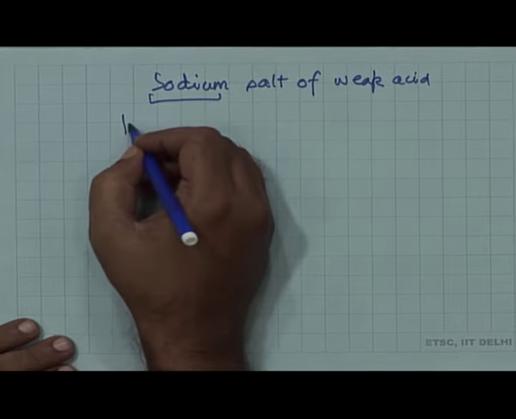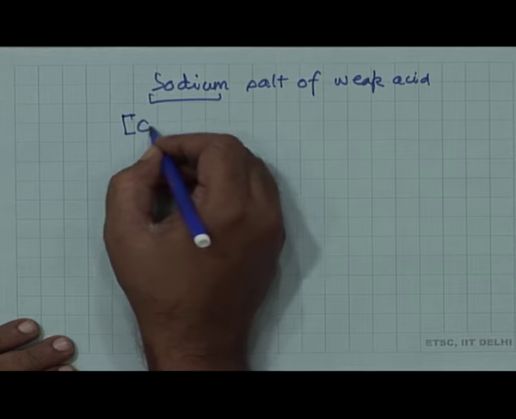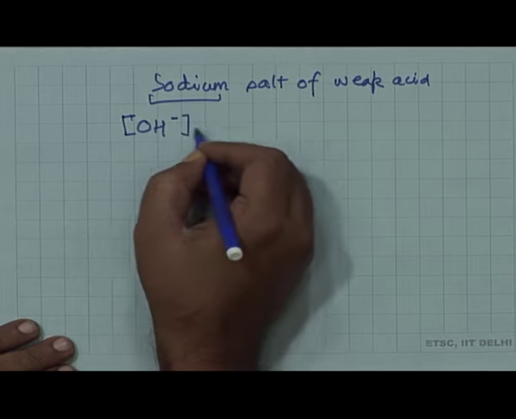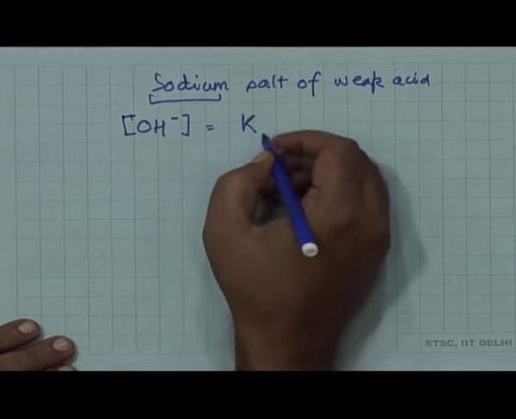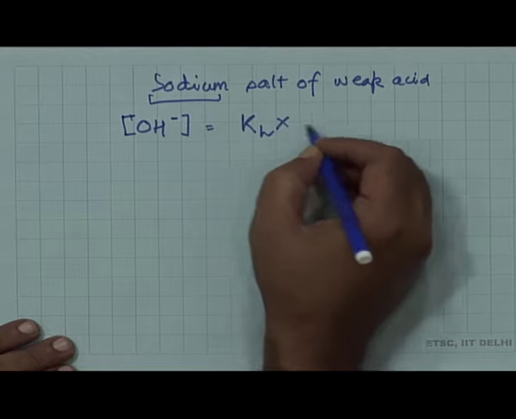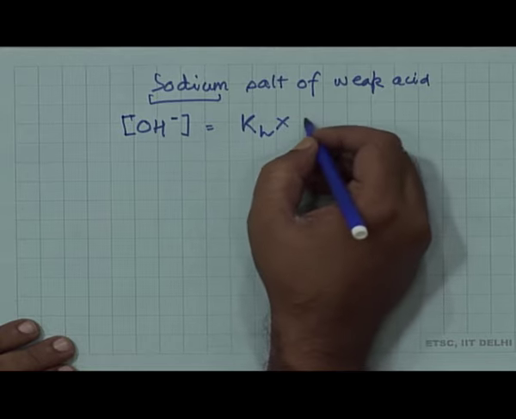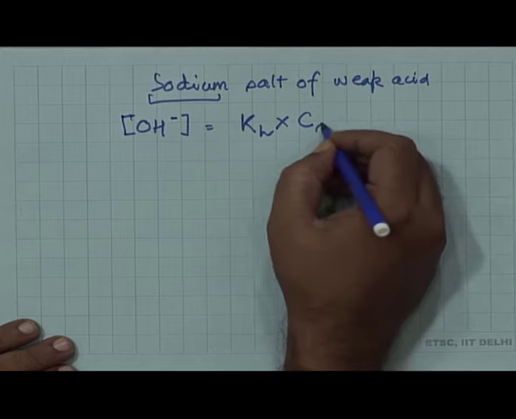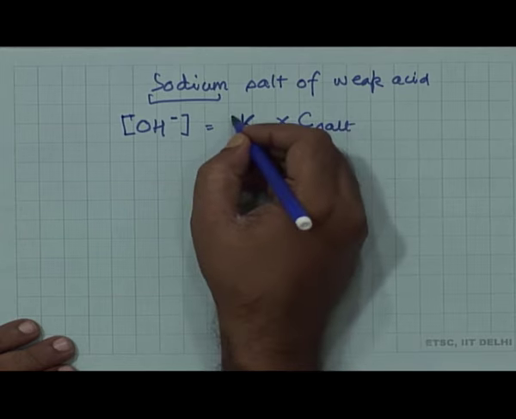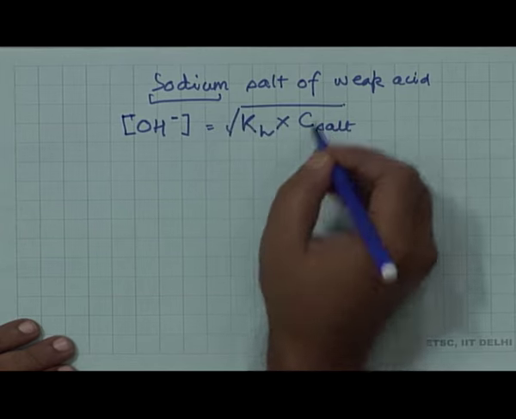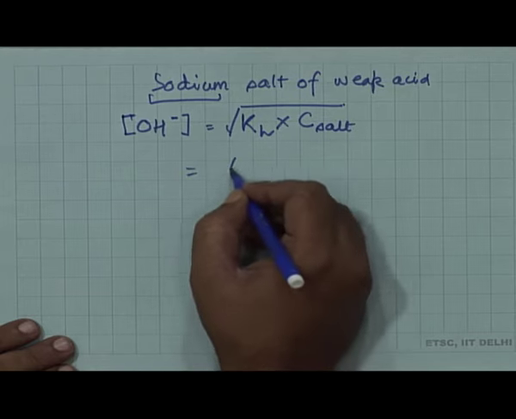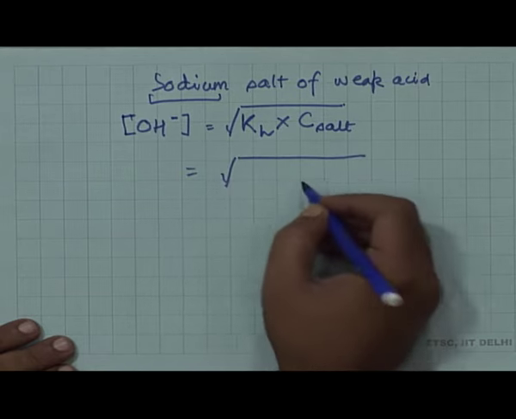So, we will write OH minus ion concentration is equal to the square root of Kh into the concentration of salt. The concentration of salt has been given.